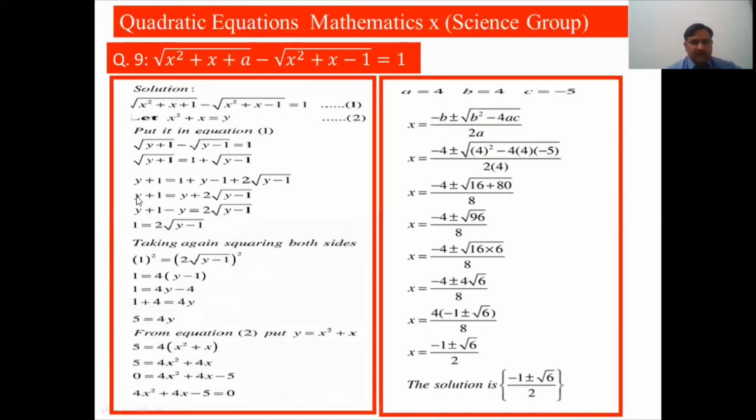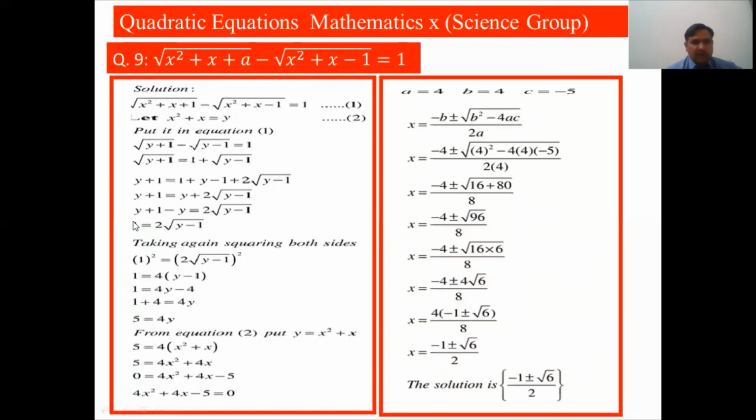So we have y plus 1 is equal to y plus 2 square root of y minus 1. So now we shift this y to the left hand side of the equation. So this y cancels out with this y. Here it is positive, this is negative, so these two terms cancel with each other. So we are left with 1 is equal to 2 square root of y minus 1.